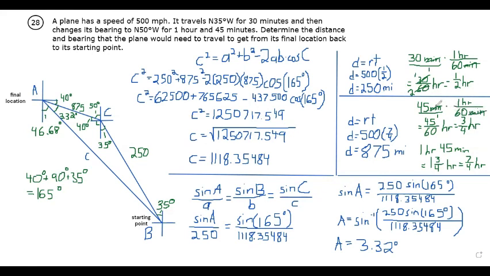So we multiply 45 times 1 to get 45, and then 1 times 60 to get 60. So we get 45 over 60 hour, and we can divide both the numerator and the denominator by 15. So 45 divided by 15, that's 3. 60 divided by 15, that's 4. So we end up getting 3/4 hour.